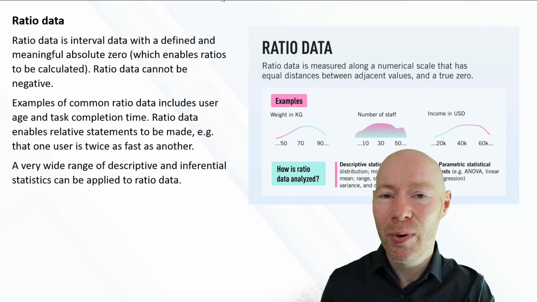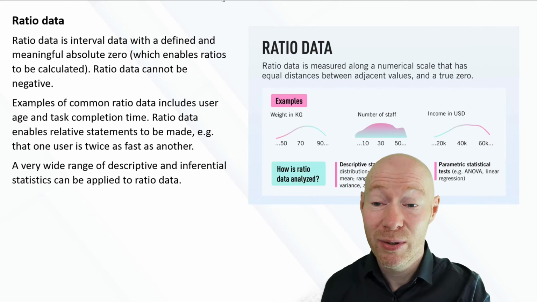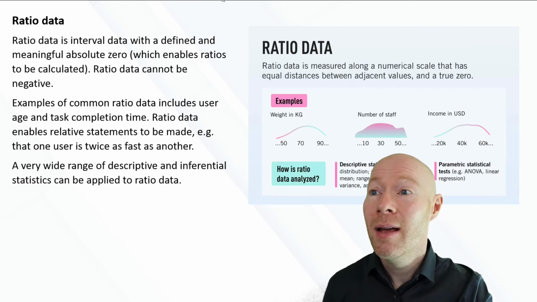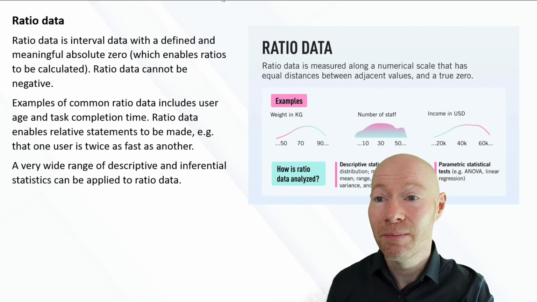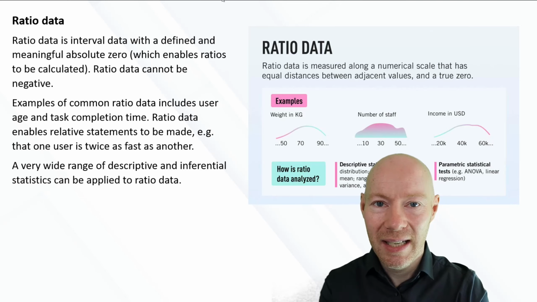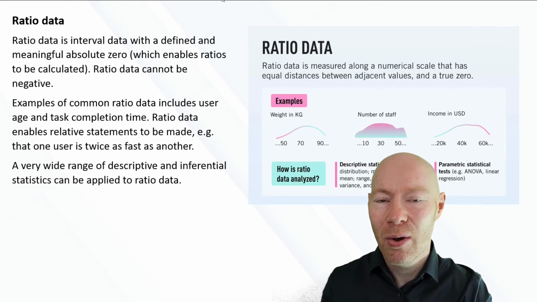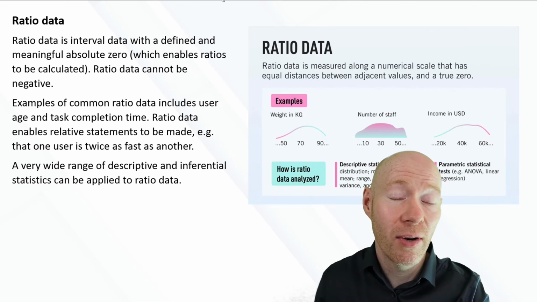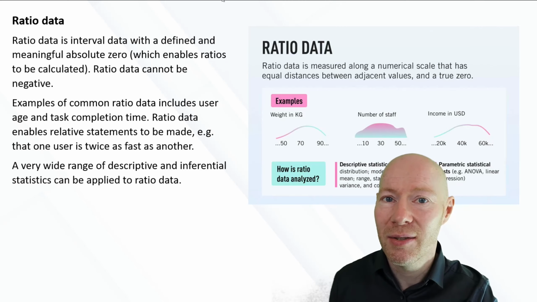So temperature. Temperature is one of the examples that we highlighted inside interval. Now, temperature does have a real absolute 0 in terms of 0 degrees Kelvin. It can also be measured in terms of Fahrenheit, measured in terms of centigrade. It's not particularly meaningful to say that 20 degrees is twice as hot as 10 degrees, because that makes an assumption that 0 degrees is our true meaningful absolute 0, and depending upon the environment you're from, that's not going to be the case.